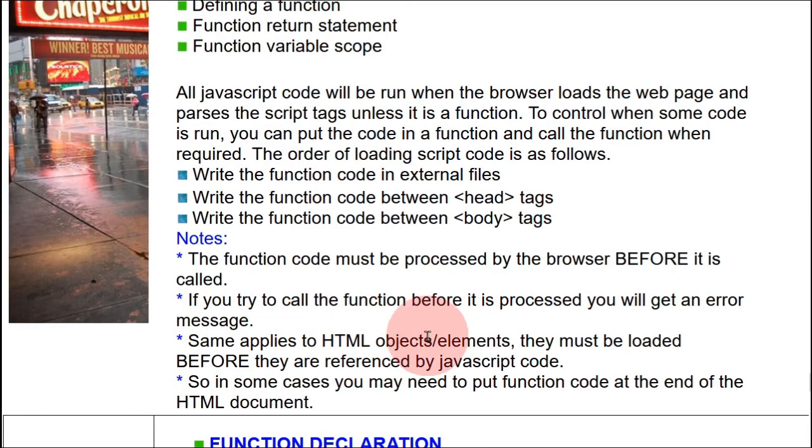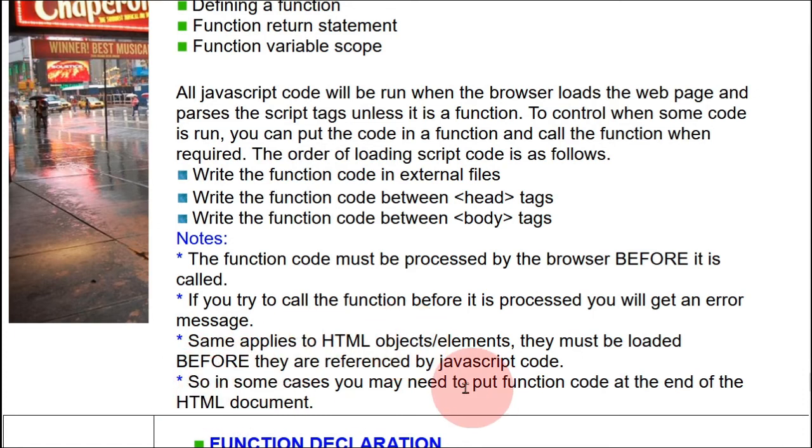Same applies to HTML objects like HTML elements. Like you may have a piece of text in your H1 text in your HTML, and if at the beginning of your HTML document you start changing the value of that HTML text, trying to reference it, what will happen is it will fail because the browser has not loaded that HTML element into its memory yet, because what it's done is it's just processed the JavaScript, and further down the page is your HTML element and it hasn't loaded it, so your JavaScript reference to that element in the document object model is going to fail.